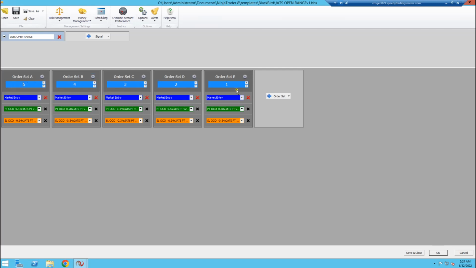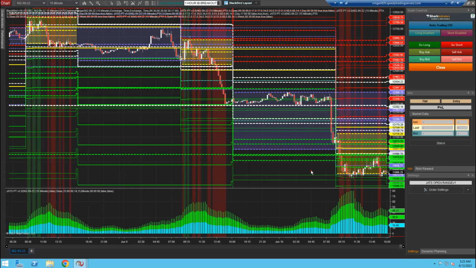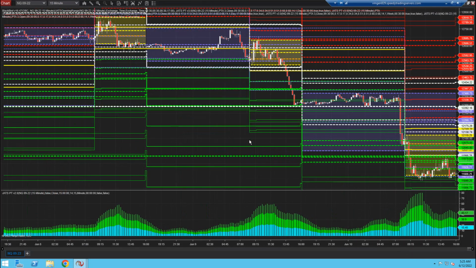So 5, 4, 3, 2, 1, and you're getting 5 off at the lowest, the fastest distance, then 4 off at the next fastest, 3 off, 2 off, and 1 off. So you're going in a structured manner that way. And if we reload the Ninja script, we will see the performance rate increase substantially.